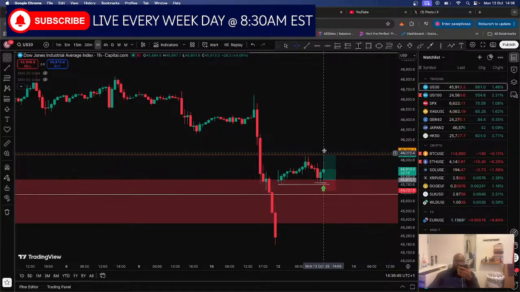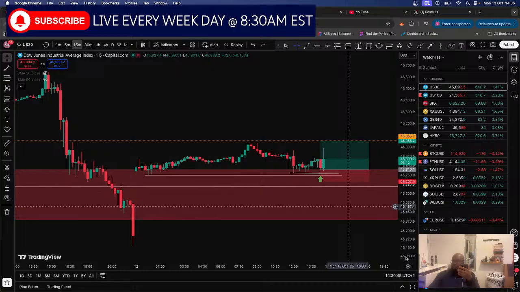We're really struggling to get above this level, and I'm not sure why. Once we do get above it, it should be clear, but for some reason we're struggling to. Let's see if we could get some more momentum.